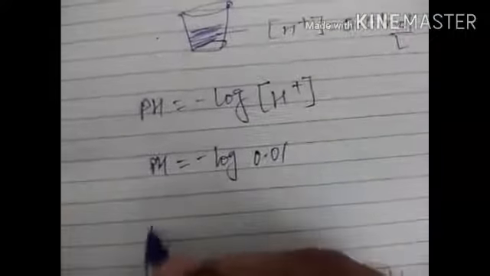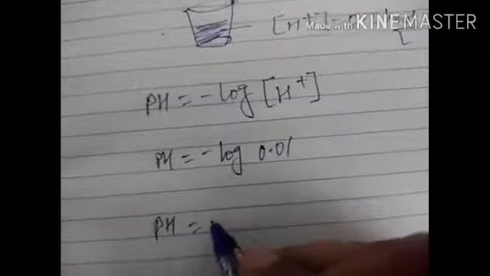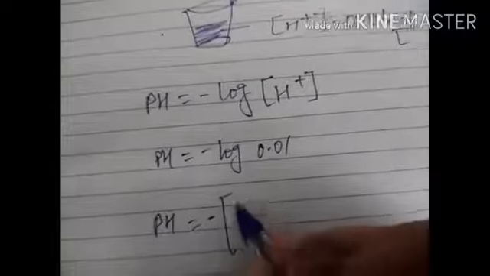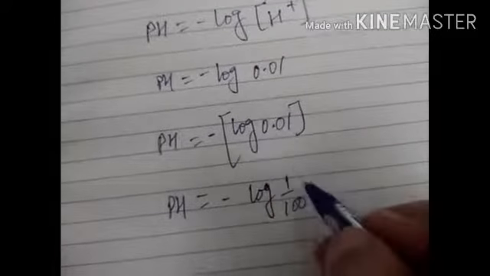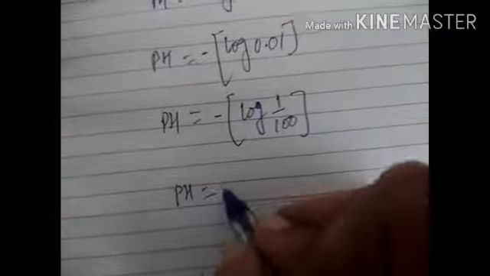You know, students, there is a property of log. If I take this minus outside, it becomes minus log 0.01, and 0.01 is 1 upon 100. This is the property of log: the log of a numerator over a denominator is log of numerator minus log of denominator.